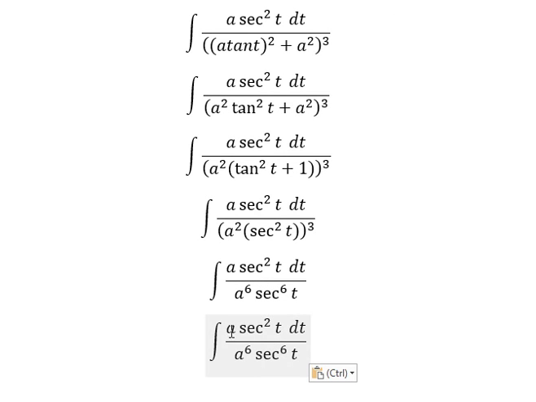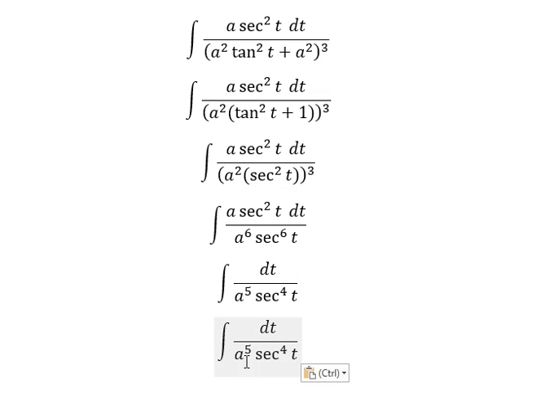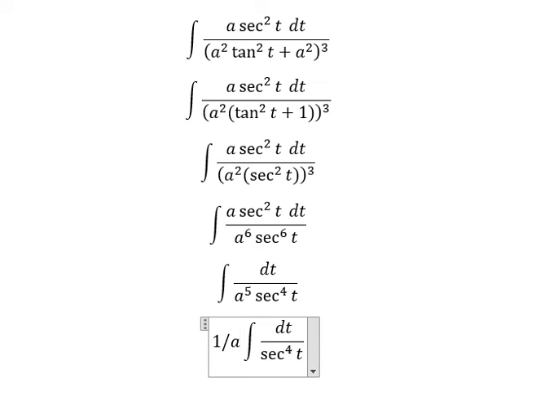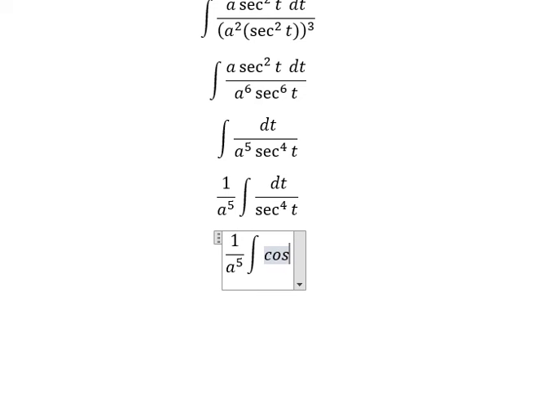Now we need to simplify a secant squared t on the numerator and denominator. So a to the power of 5 we can put outside. This one we can write as cosine t to the power of 4.